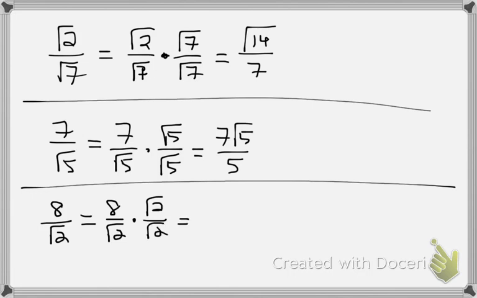So up top we get 8 square root of 2, and on the bottom we get 2. But this time, yeah, 8 divided by 2 is going to reduce. So you get 4 square root of 2. Do you guys see? Right? So that one not only rationalized, it actually simplified.